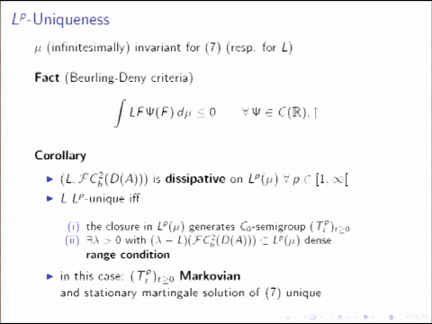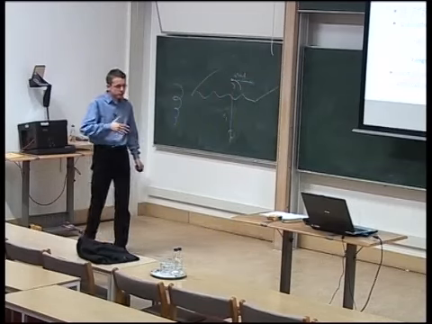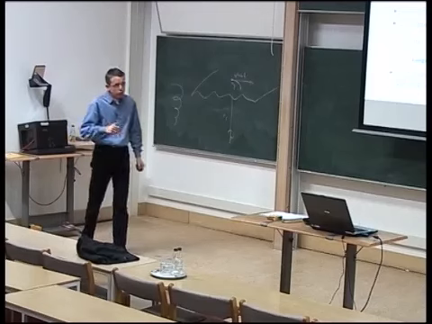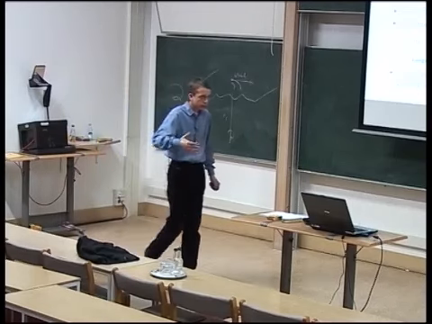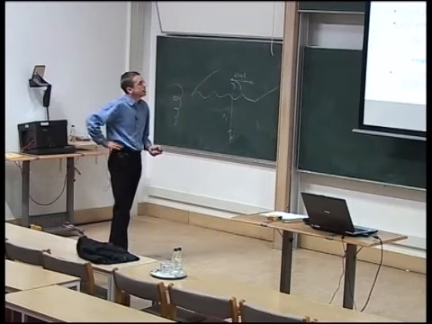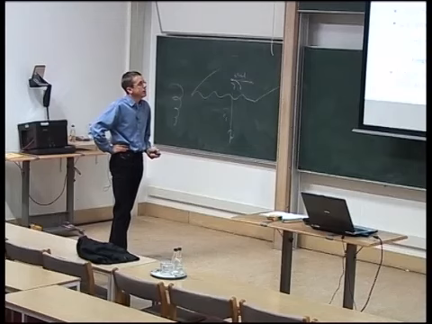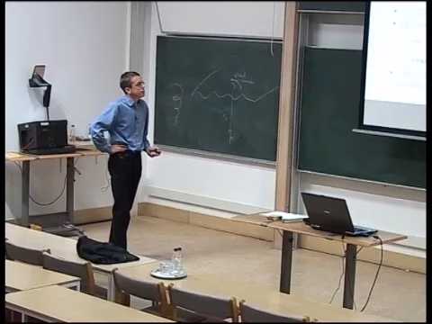And then there is a nice criterion concerning the uniqueness of this operator, which is related to the well-posedness of the associated Cauchy problem to this operator in the corresponding L^p space. Namely, the closure of this operator in L^p, which exists because it is dissipative, generates a strongly continuous semigroup if and only if this well-known range condition is satisfied.